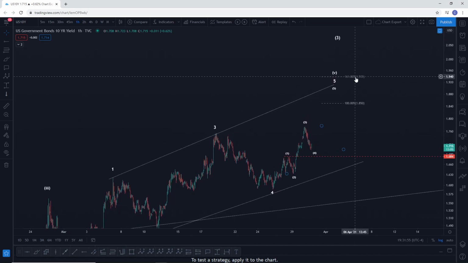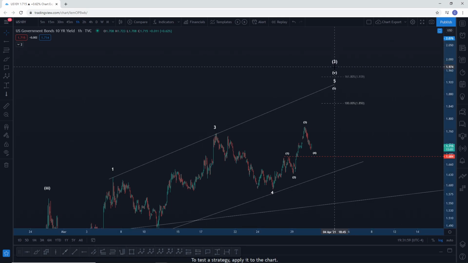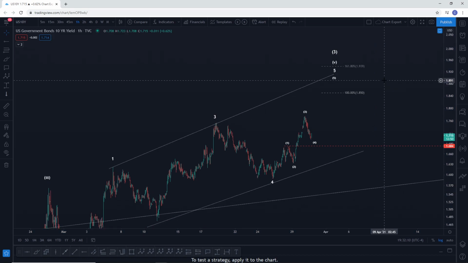Not to say that this is where it will top and then we roll over, but analysts out there are saying that we may see a 2% in the 10-year yield, which is huge, and that will mean that the Nasdaq and the S&P will continue into a brief retracement.